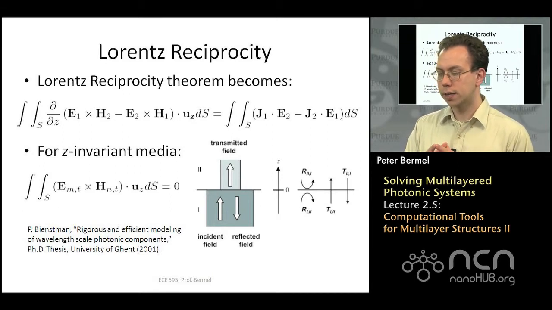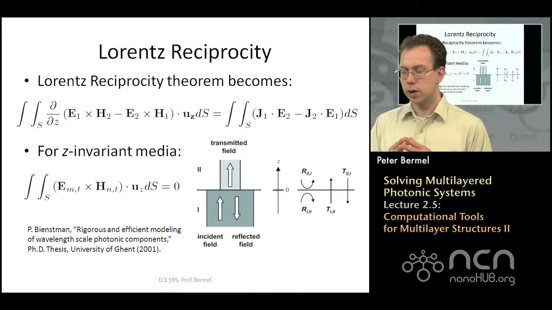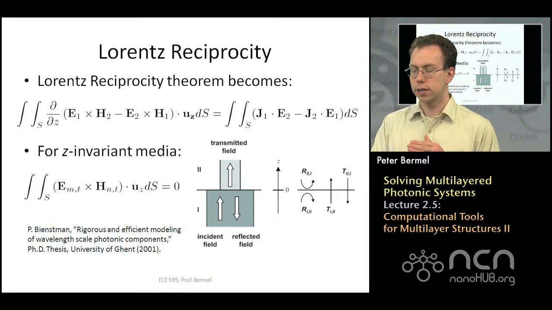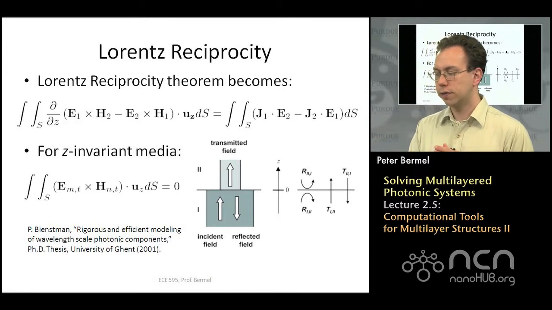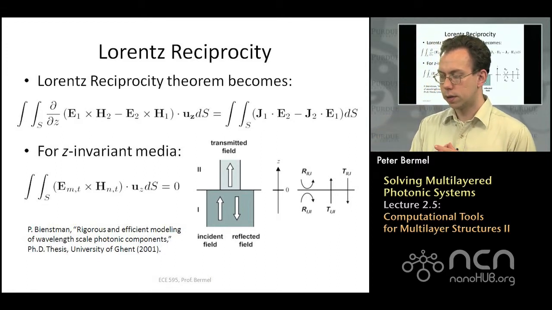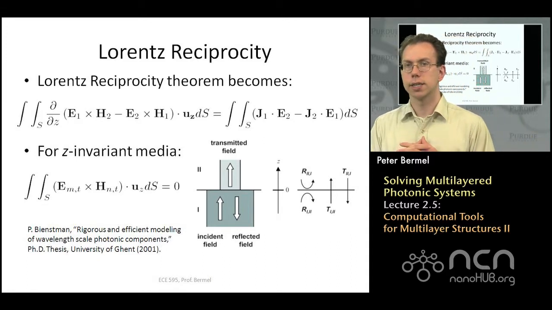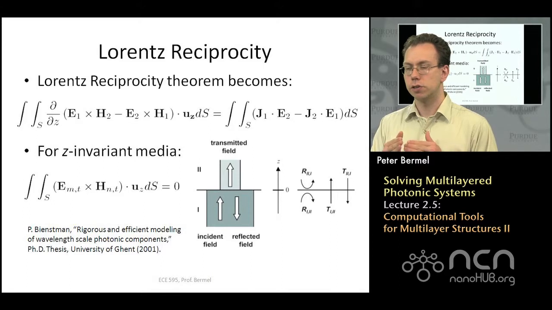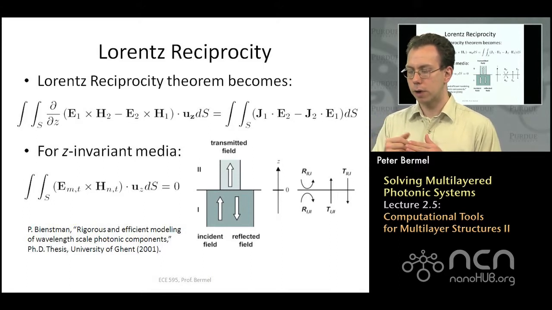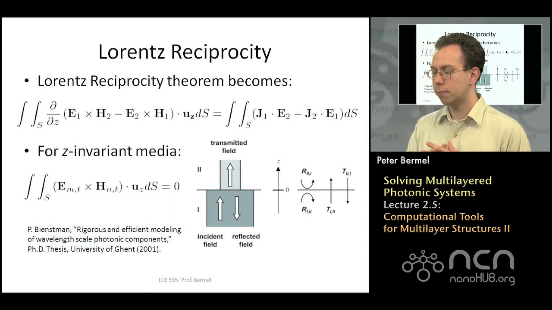So you get that the Poynting vector, E cross H dotted into the normal direction, integrated over the surface must be equal to 0. Probably the easiest way to think about that is that right at that boundary, the total input power must be equal to total output power. So hopefully that makes sense.